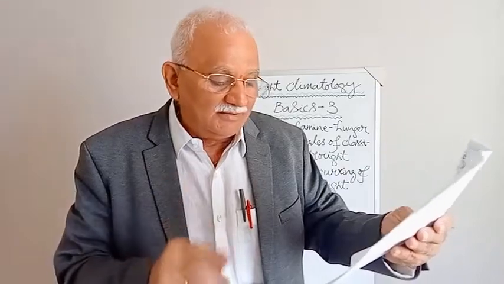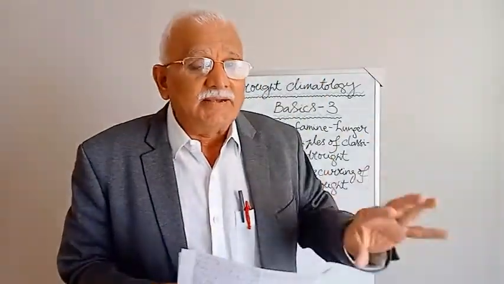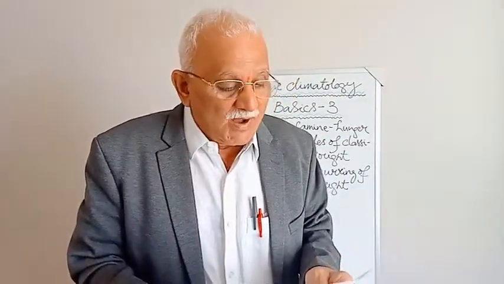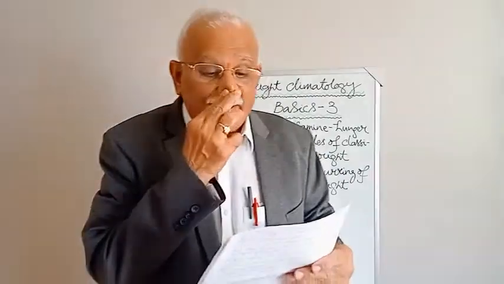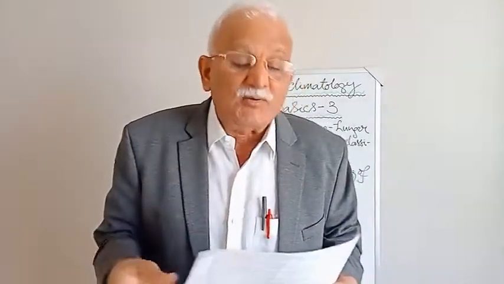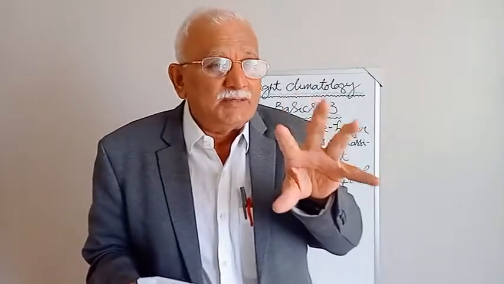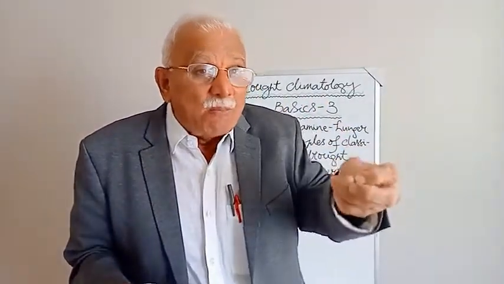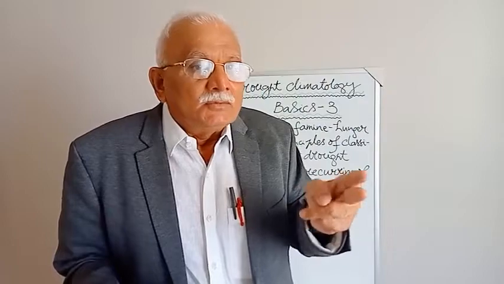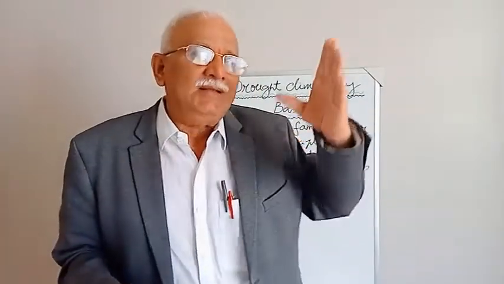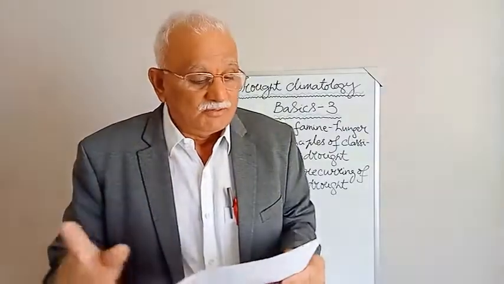Central and state governments decide the policies, while the district administration and departments implement the drought relief and mitigation measures from the district level itself. But policies are decided at the central and state level. This is what I would like to share with you.